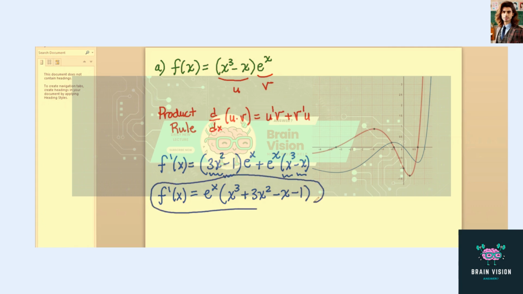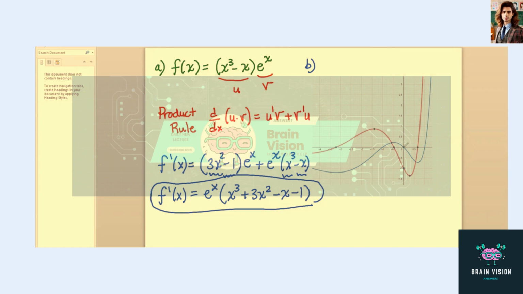We found our derivative. Okay, then part B, we are asked to graph and see if our solution makes sense. Let's take a look. Okay, so basically, I went ahead and graphed these. We just need to identify which one's which.